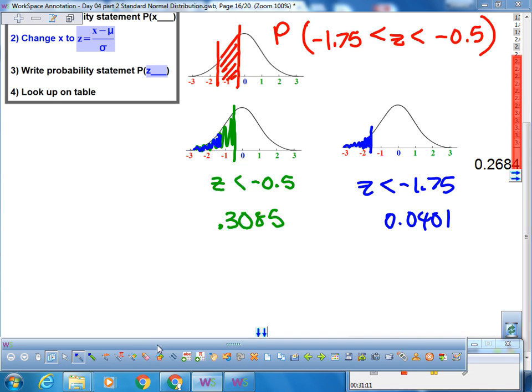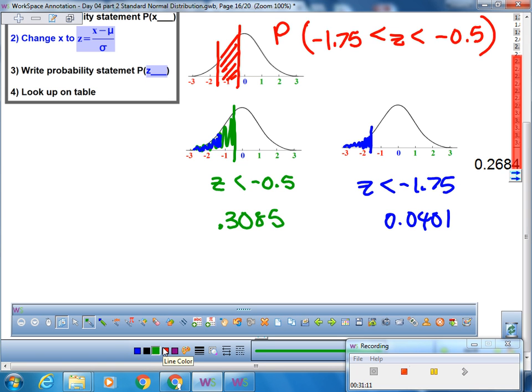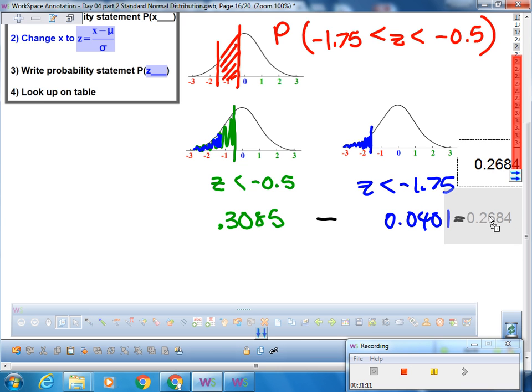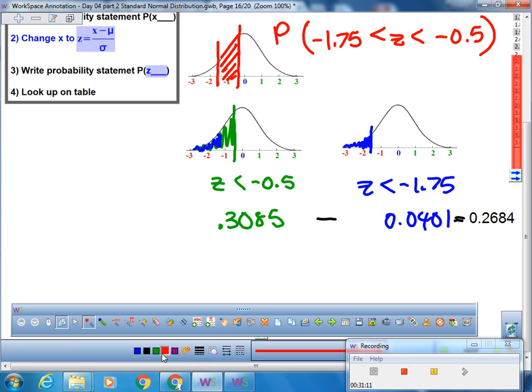So let's just subtract them right here. I should get this number here. Is that what I get? So that's that red area. Questions?